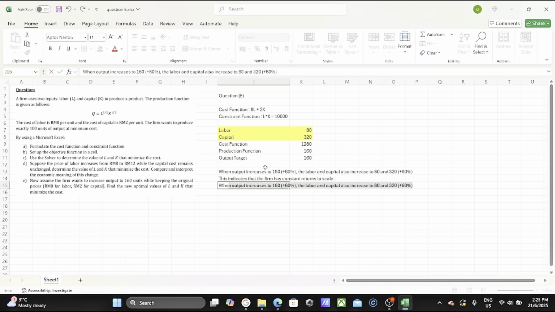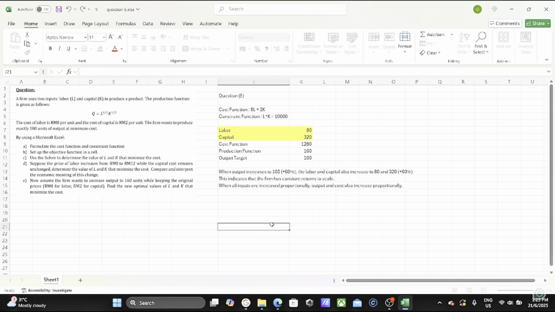So when all the inputs are increased proportionally, output and cost also increase proportionally.